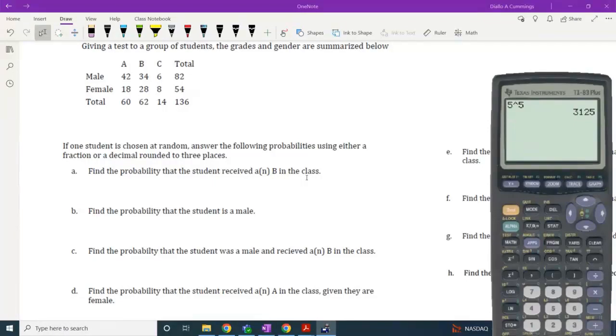The part that we're interested in, in this case, is every student that received a B, divided by the total, right? So let's set that up as a fraction. Now I generally like to start with the denominator first. So how many people are we looking at for this particular probability?